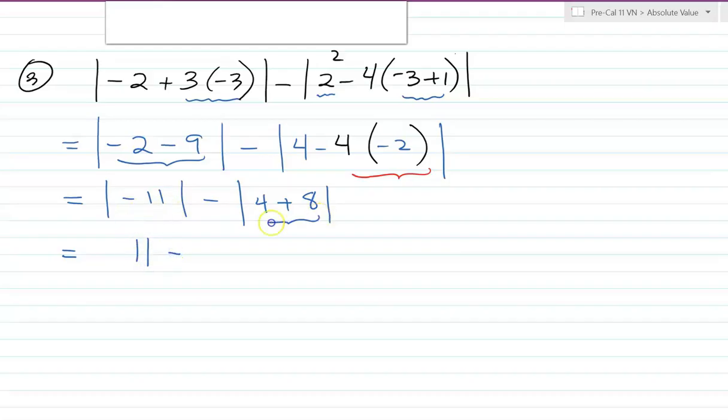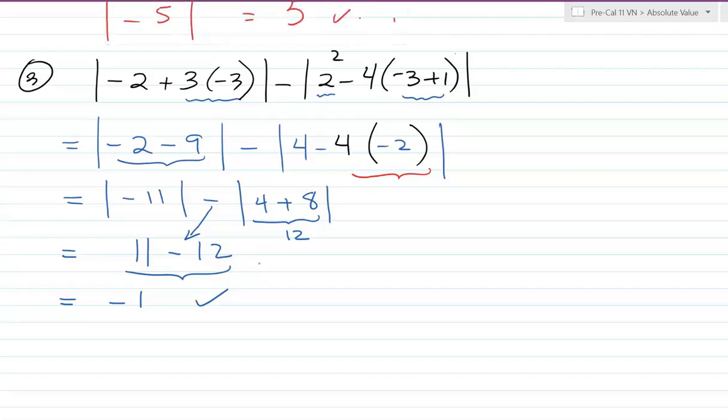Minus, what is the absolute value of 12? It is just 12. This negative does not change. That's outside of absolute value. Now we have to deal with the subtraction, and the final answer will be -1. That is it. So the more you do this, the easier it gets. Practice, practice, practice. Follow BEDMAS, and then apply the absolute value operation.